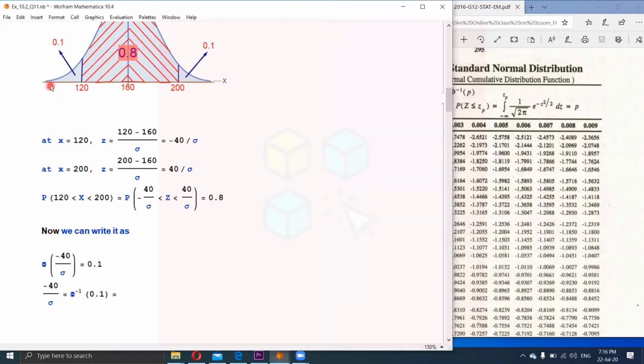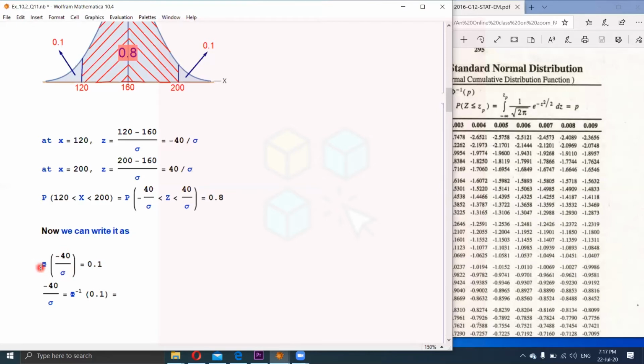We know that the point 120 is here, and below this point the area is 0.1. So we can write phi of minus 40 by sigma, the area starting from minus infinity up to this point 120, with z-score value minus 40 by sigma. So phi of minus 40 by sigma is 0.1.